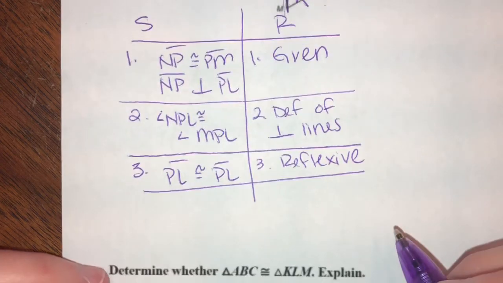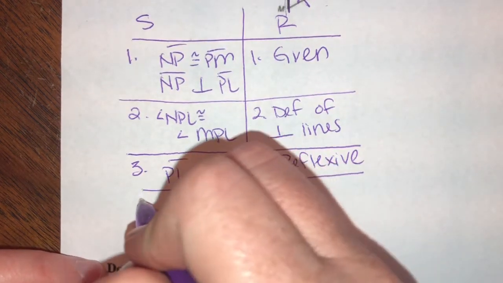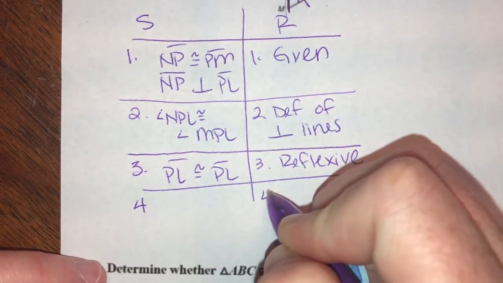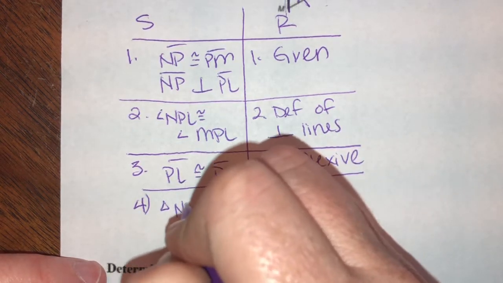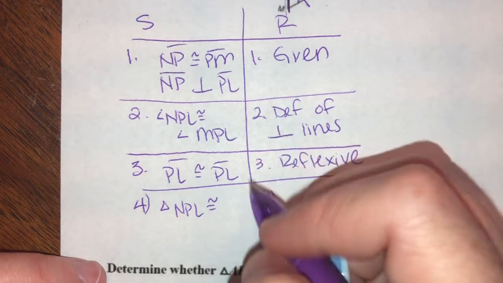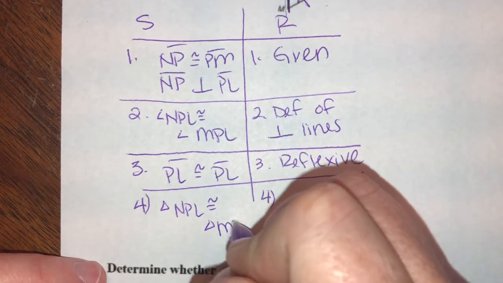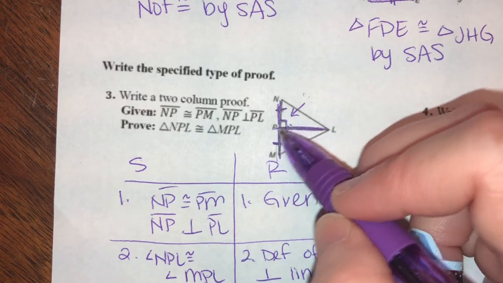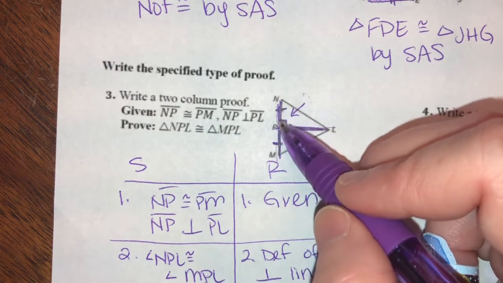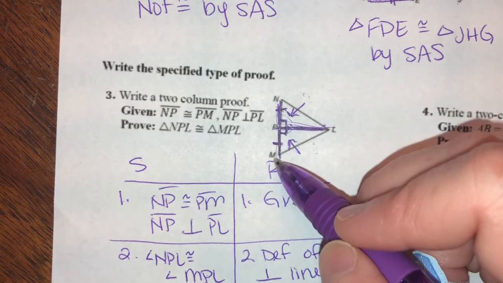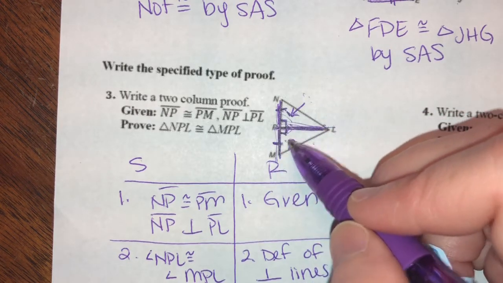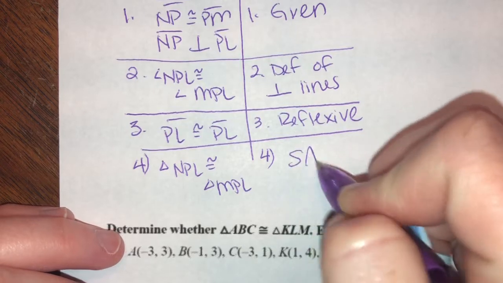And once we've said that, now we have enough to say that our two triangles are congruent. So triangle NPL is congruent to triangle MPL. And that's because of side, angle, side. Two sides and the angle between them are congruent to two sides and the angle between them. Side, angle, side. Good, one more.